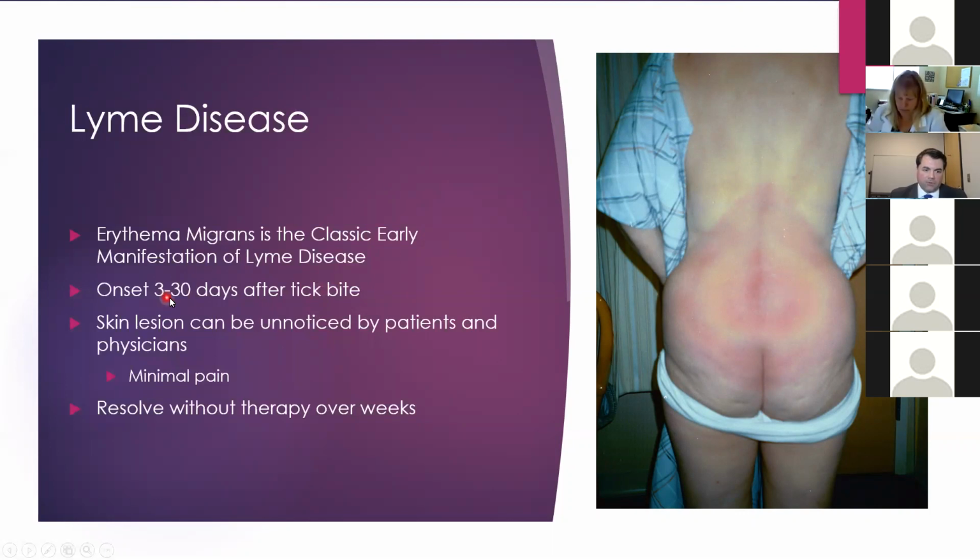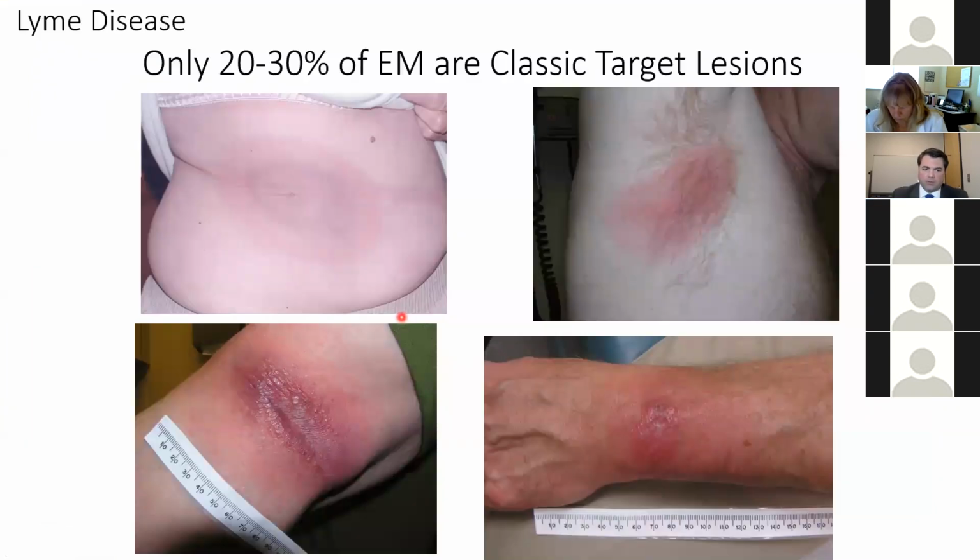But the onset is 3 to 30 days after the tick bite. Skin lesion can be unnoticed, minimal pain, right? So if they had pain, they would have noticed the rash, and it resolves without therapy over weeks. So if they're bitten and they don't receive treatment, the rash will go away.